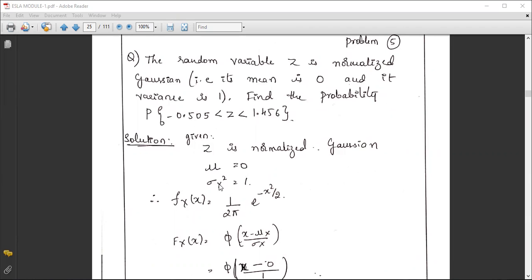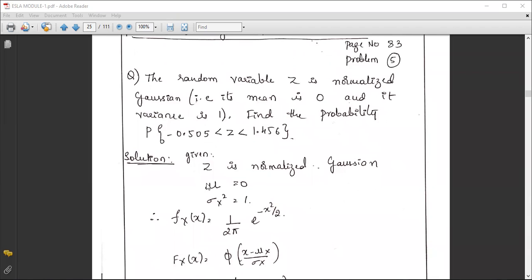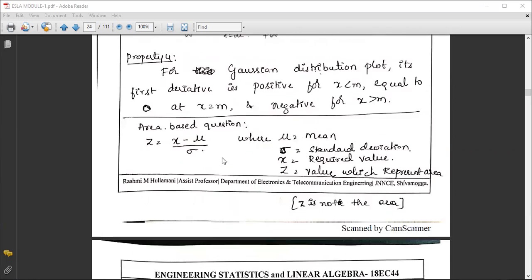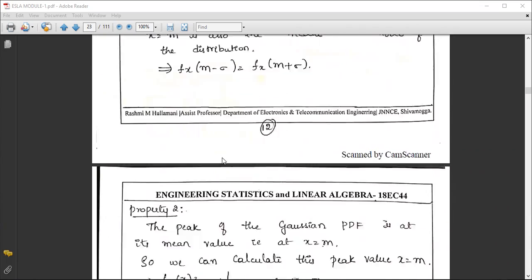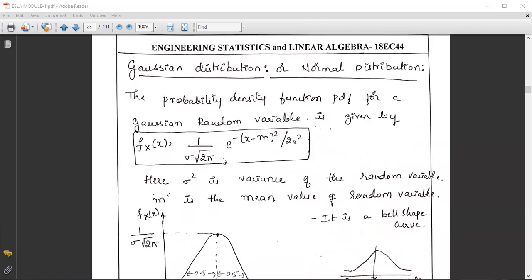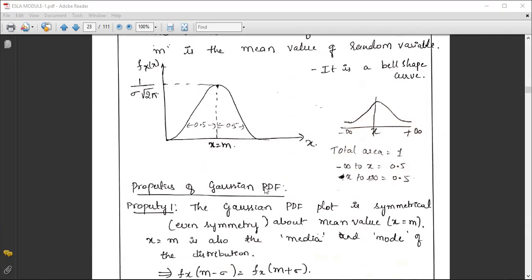And f_X of x, we already know what the PDF, the probability density function, for the Gaussian random variable is. Gaussian random variable or Gaussian distribution is f_X(x) = 1 by sigma into root 2 pi, e power minus (x minus m) whole square divided by 2 sigma square.